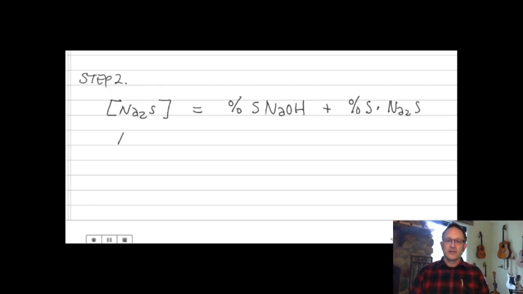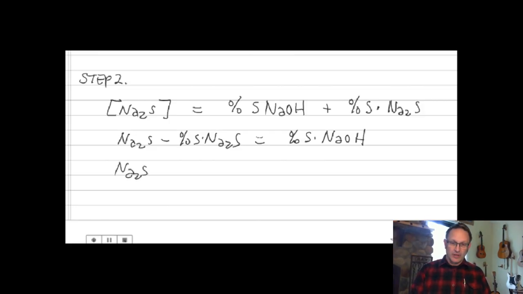We want Na2S and NaOH on opposite sides of the equality. So rearranging: Na2S minus percent sulfidity times the concentration of Na2S, and as you can see, I've dropped the brackets, equals percent sulfidity times the concentration of NaOH in solution. I'm going to pull Na2S outside parentheses times 1 minus the percent sulfidity, equals percent sulfidity times NaOH.